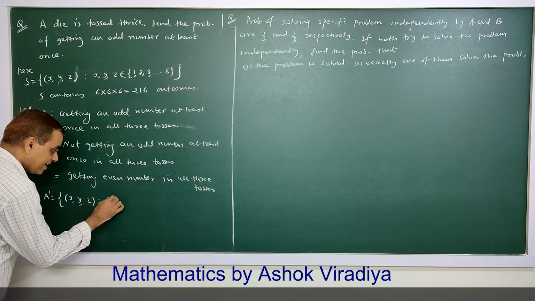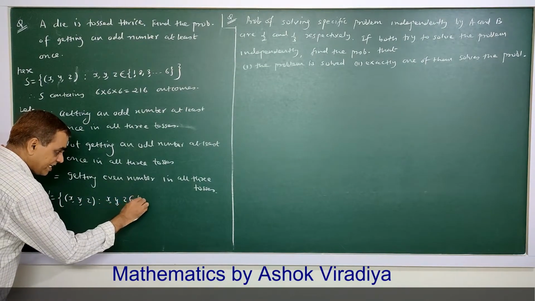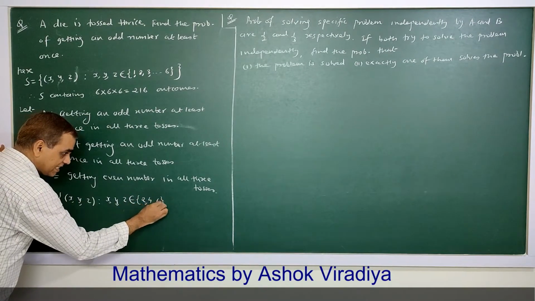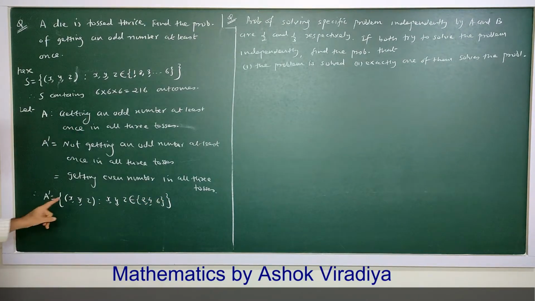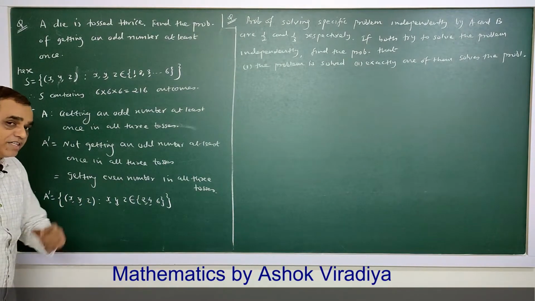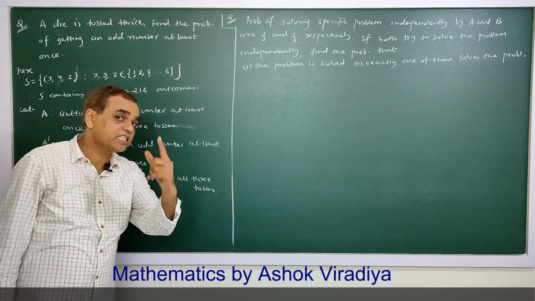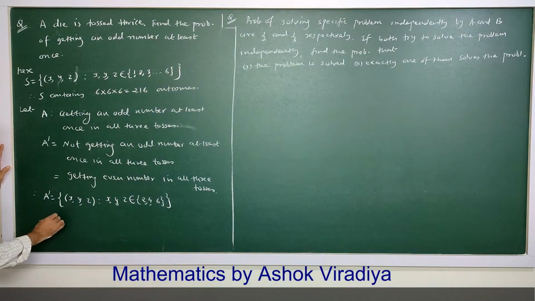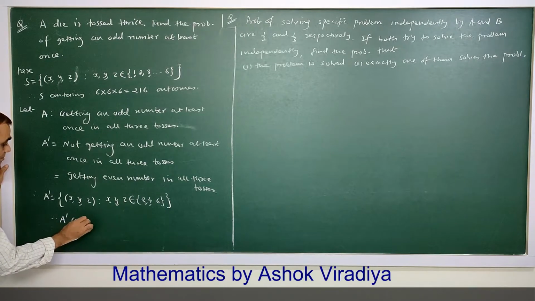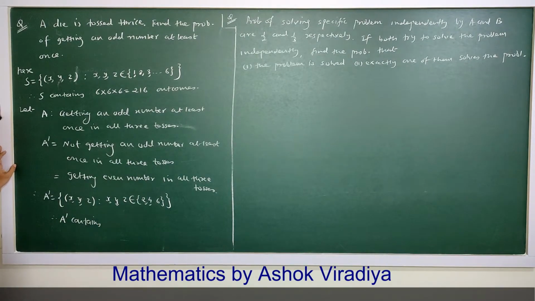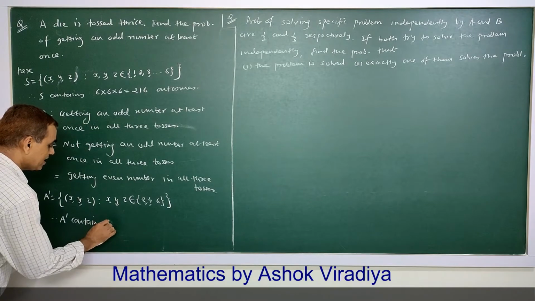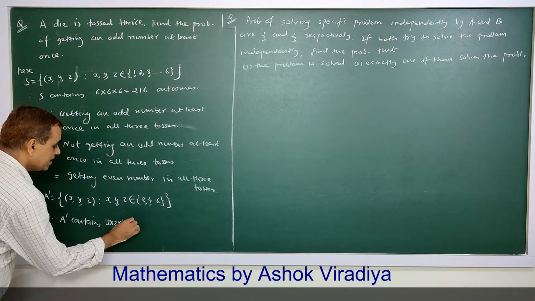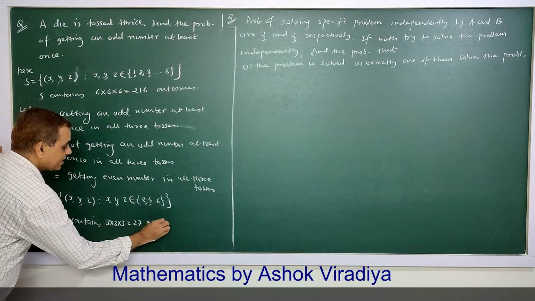So x, y, z belong to 2, 4, 6. This element can be chosen in 3 ways, this element in 3 ways, this element in 3 ways. So this triplet can be formed in 3 into 3 into 3, 27 ways. Therefore, A dash contains 27 elements.